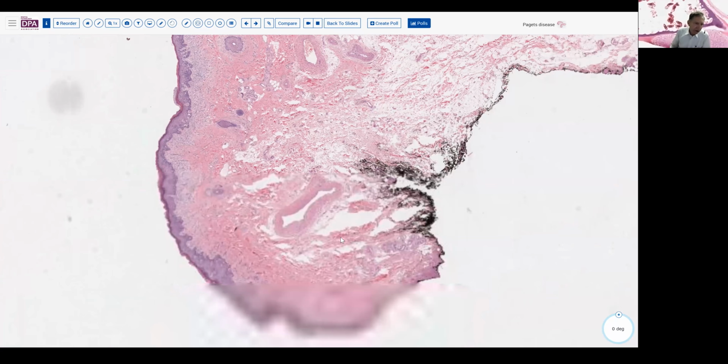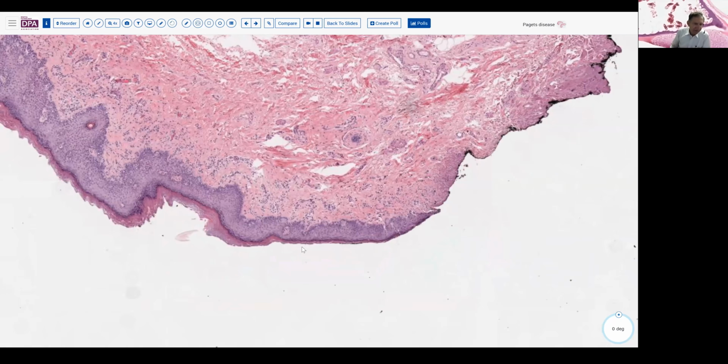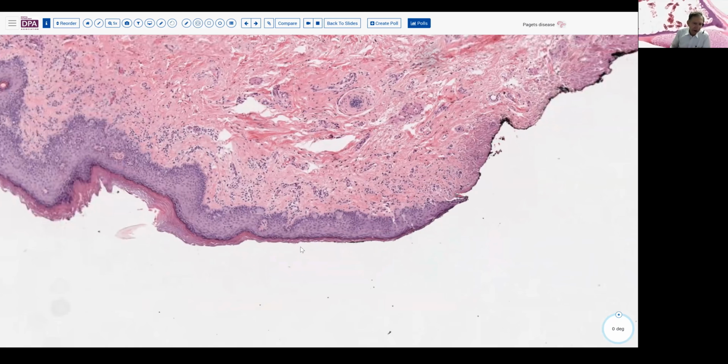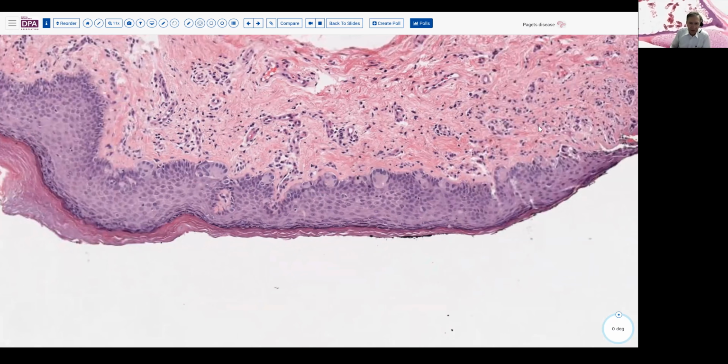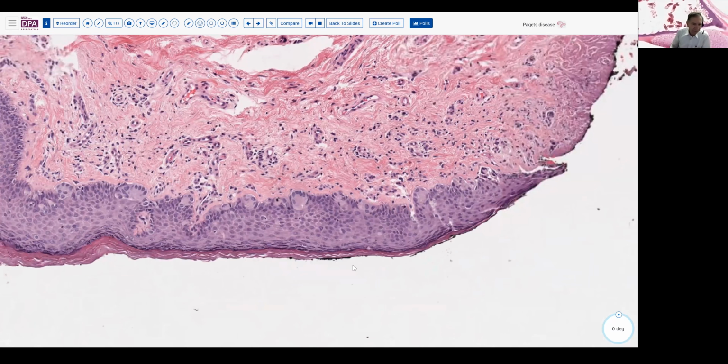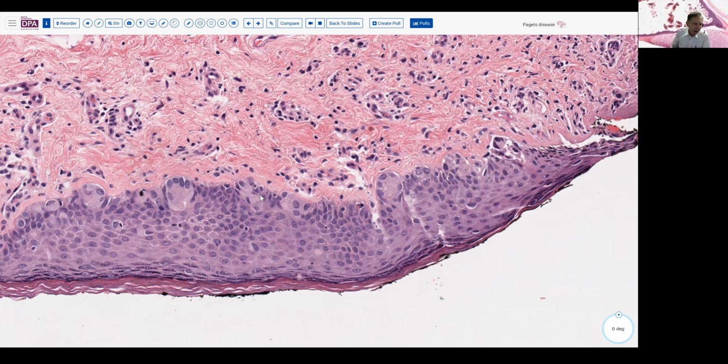And with a diagnosis of Paget's disease of the skin, what they see clinically is typically insufficient to get a good healthy margin. And so I show you here the ink at our lateral margin, but as you can see right here in this area, we have smaller nests of the same process going on here.